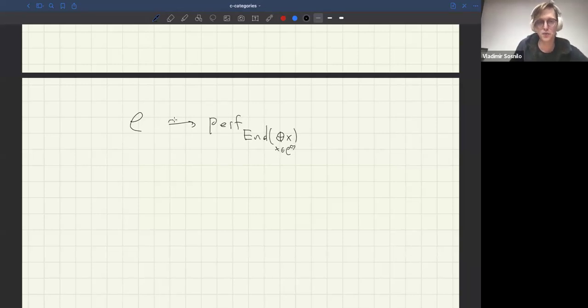And then this is going to be a fully faithful weighted embedding, and the quotient is again going to be perfect complexes over some connective ring spectrum. This is essentially the 0th step of this resolution. This is how it looks if you start from a C category of level 0.